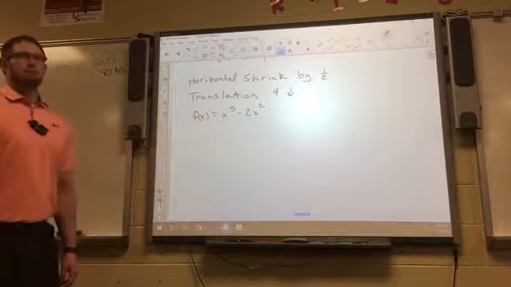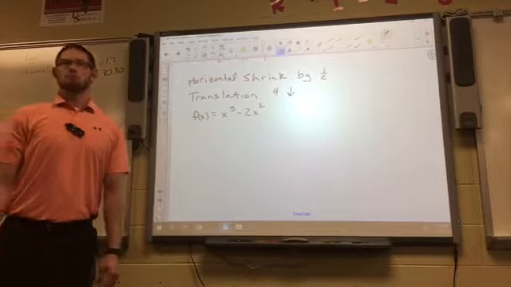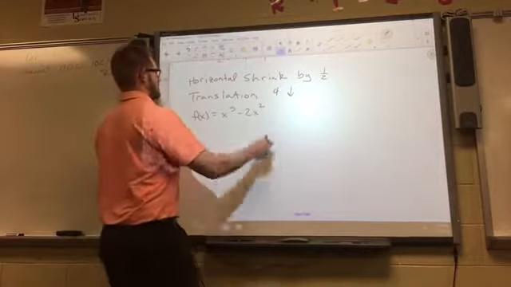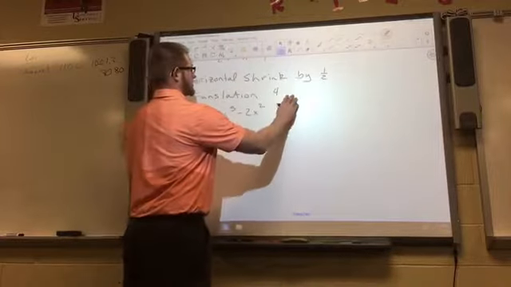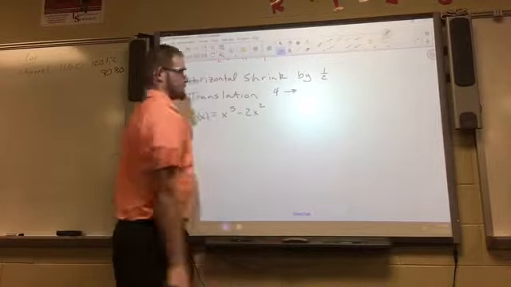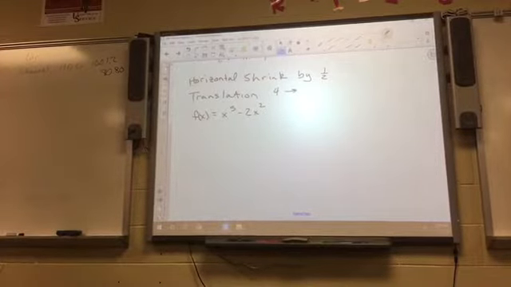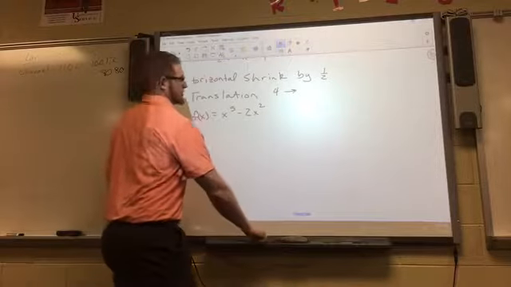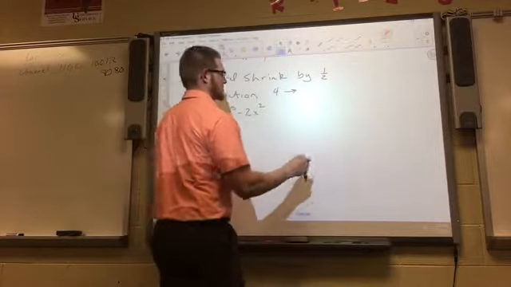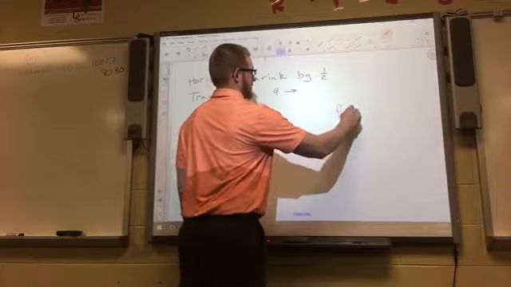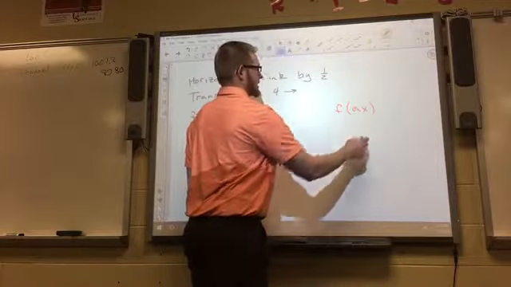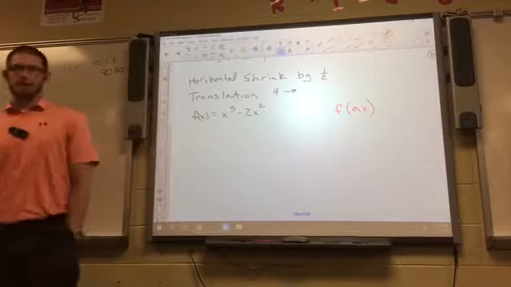And a translation 4 units right, because that's also a little bit more difficult. On your sheet, a horizontal shrink shows up as f of ax, meaning I'm changing all the x values only.